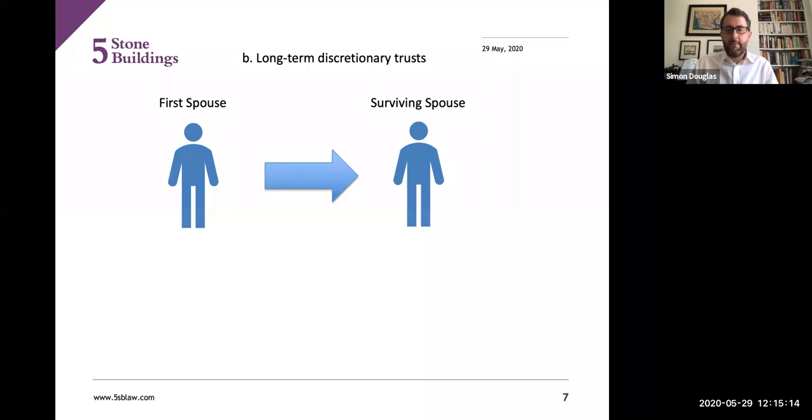Now, what might happen is that, let's say that in our example, the first spouse's net estate is worth £325,000. And that estate is then left to the surviving spouse on the first spouse's death. And let's say, conveniently for our purposes, the surviving spouse's estate is also worth £325,000. So the surviving spouse's estate on their death is worth £650,000.